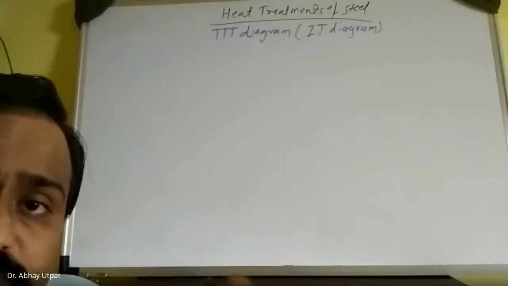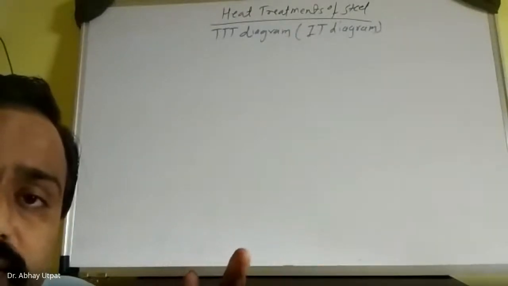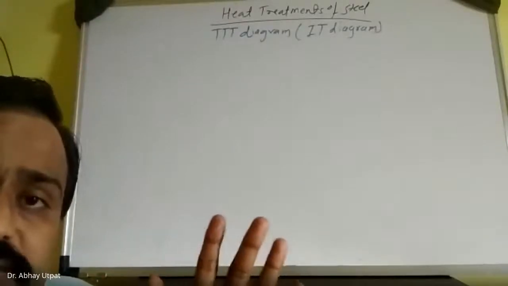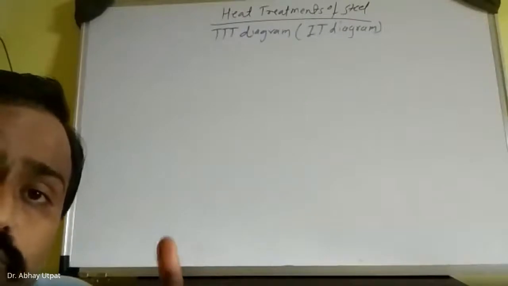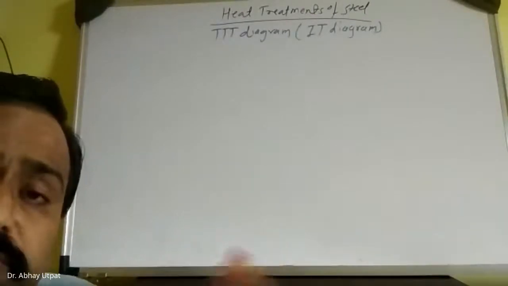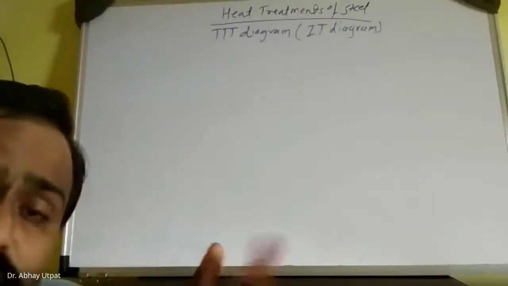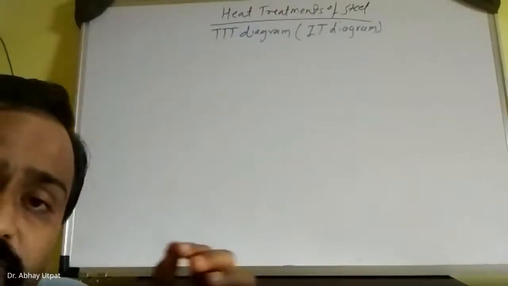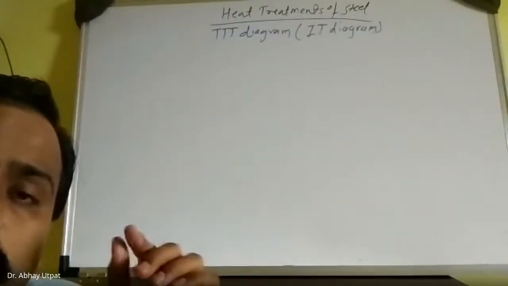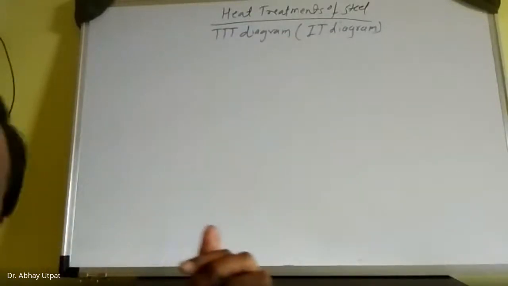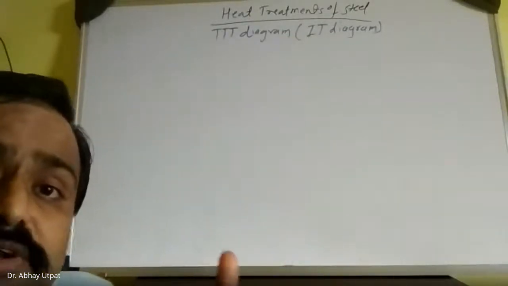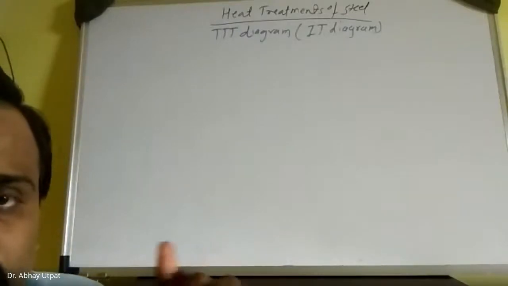In day-to-day life, whatever processes are going on are not at constant temperature. That is continuous transformation. But before we go to continuous transformation, we must know what is isothermal transformation. Once you know that, automatically you can understand how castings are cooled continuously in the air.